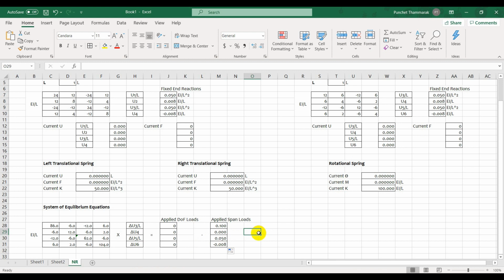And then minus resistance, which is determined from current U. So this resistance comes from all the beam elements and also the spring.